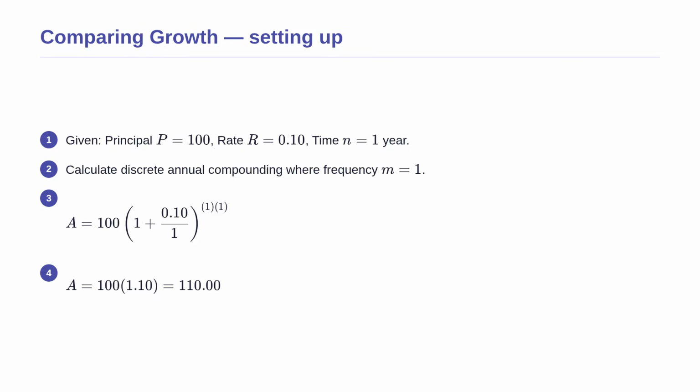First, we set up the discrete formula. We plug in our principal of 100, our rate of 0.10, and a frequency of 1 since it is annual. Evaluating the fraction inside the parenthesis gives 1.10. Multiplying this by 100 yields exactly $110. So with annual compounding, the student has $110 at the end of the year.